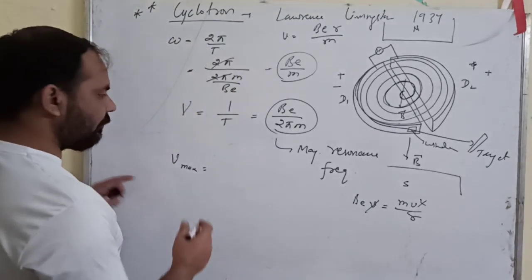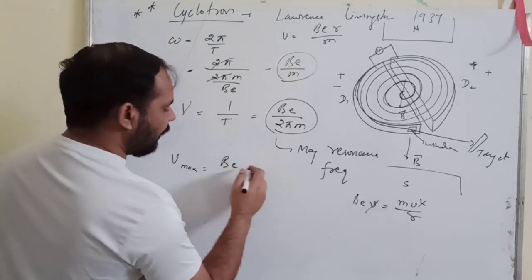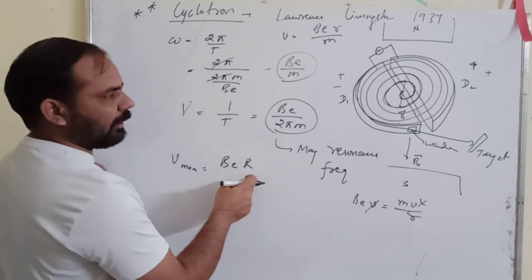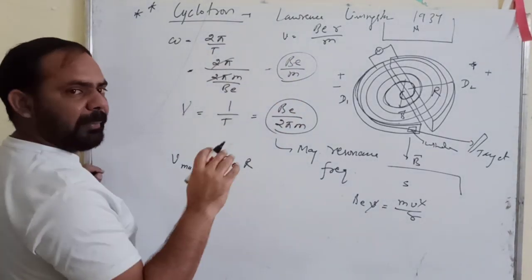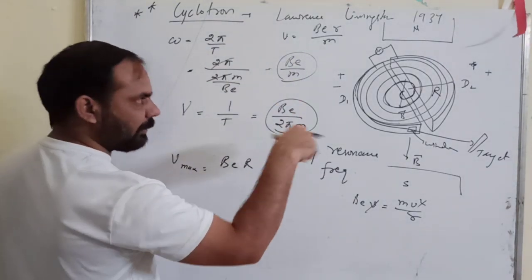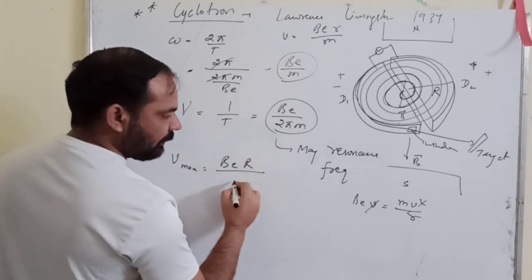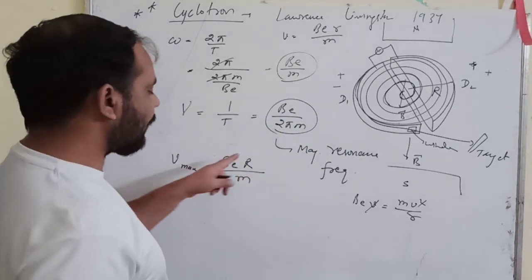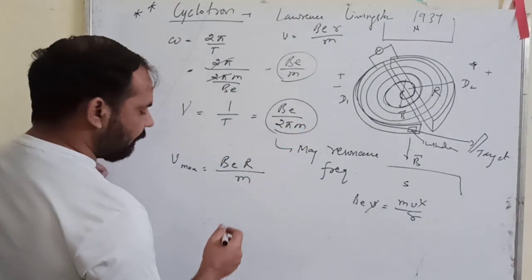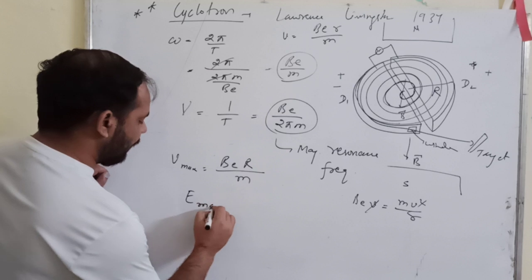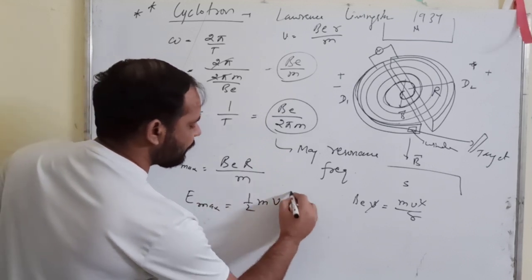So V max will be equal to BE, your R will become capital R. Capital R means the radius of the D, the maximum radius that the charged particle can reach, upon M. BE capital R upon M will be the maximum velocity, and therefore the maximum energy E max equals half M V max square.